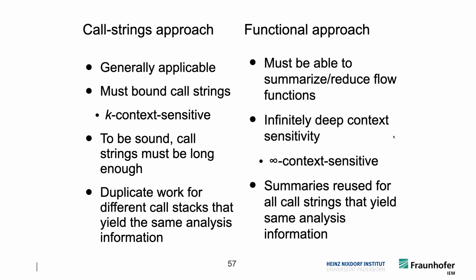That's encoded in the summary functions, because a summary is essentially saying I'm mapping to a certain data flow value, but from a certain input data flow value. And any context that makes this input data flow value hold, to any such context, the summary can be applied. We'll see more about this in the next lectures.